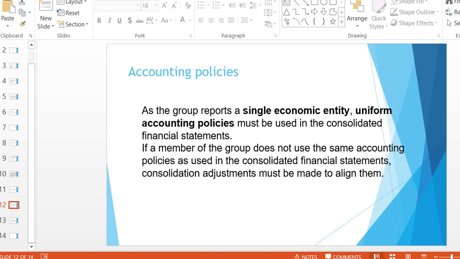On the other hand, if a member of the group does not use the same accounting policies as used in the consolidated financial statements, you need to adjust. These have to be adjusted so that they align to the parent's accounting policies.